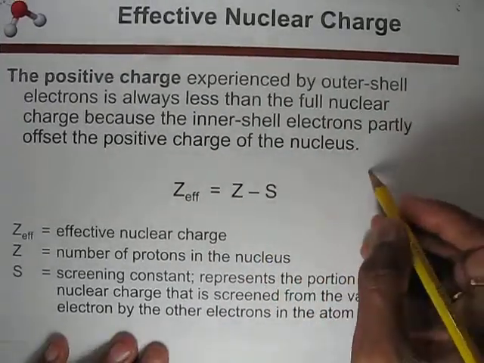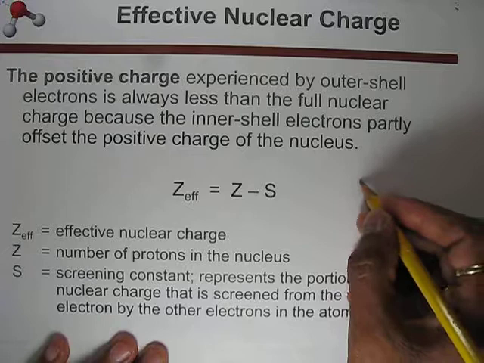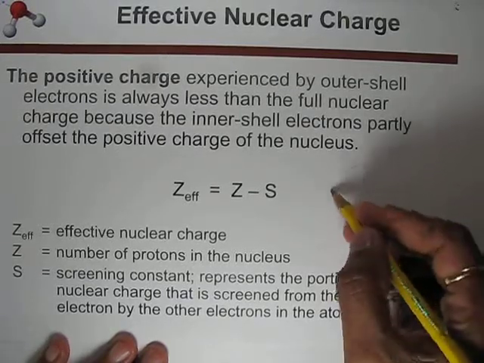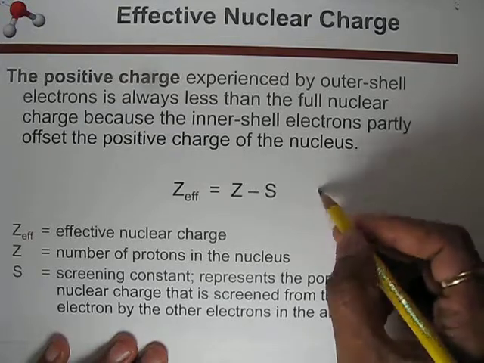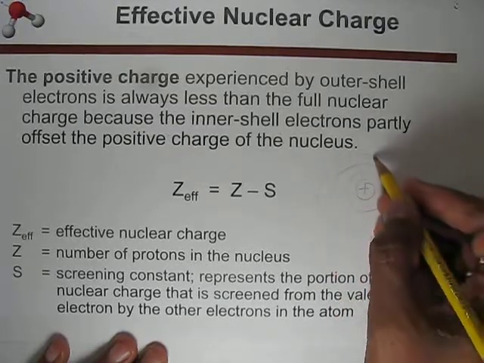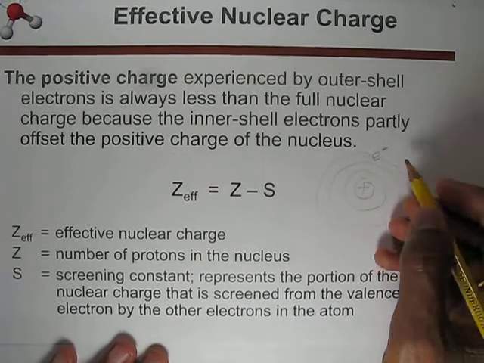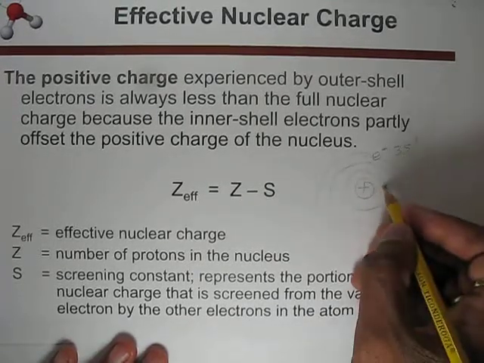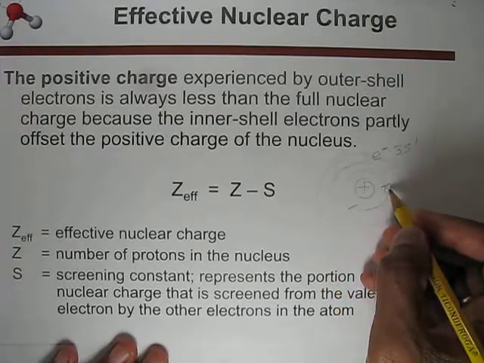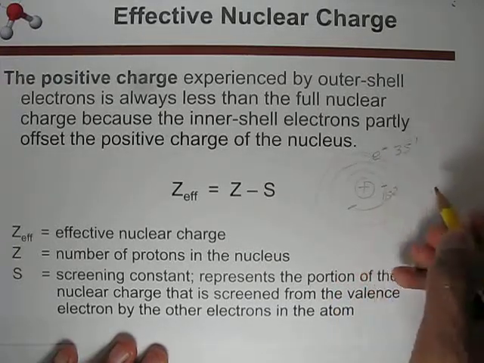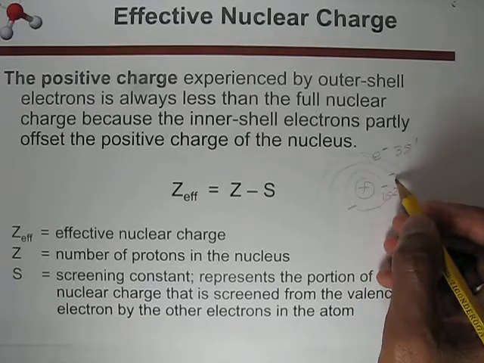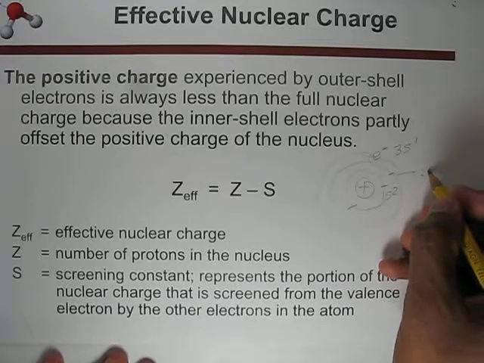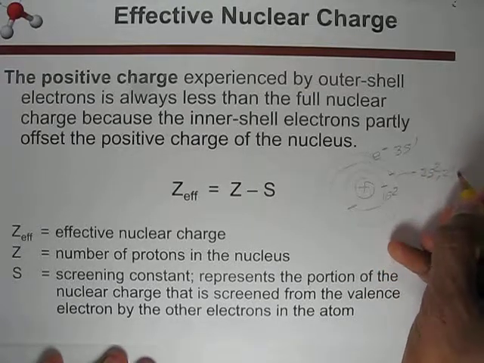Consider a nucleus with 3 shells, just like sodium. The last electron is 3s1, the inner 2 electrons are 1s2, and in the middle there will be 2s2 and 2p6.